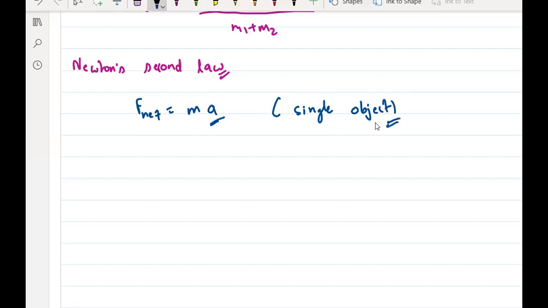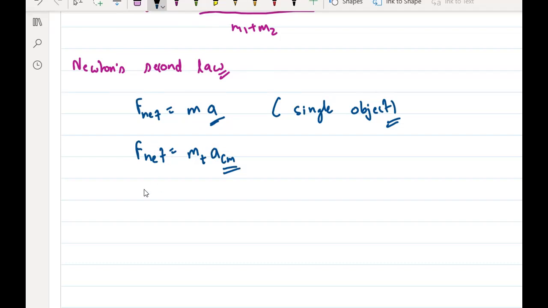Now, if I'm having multiple objects, think about it. If I'm having a system of objects, can I say, sir, F net is equal to M total into acceleration of center of mass? Anna, can I do that? Think about it. Yes, sir, I can do that.